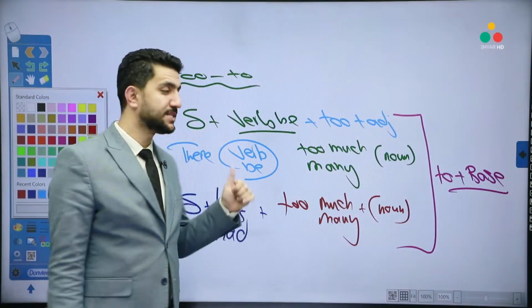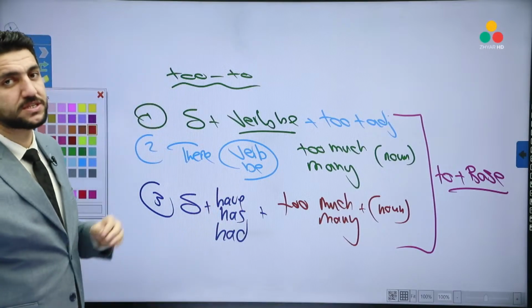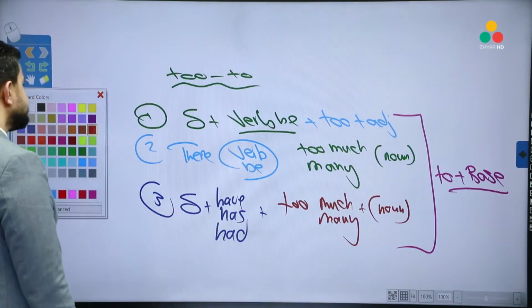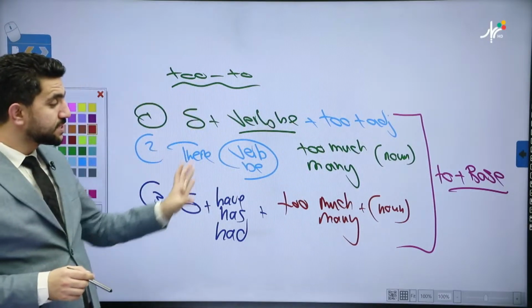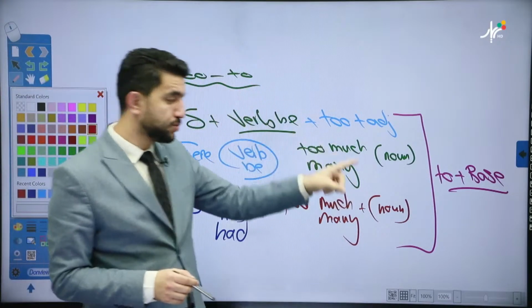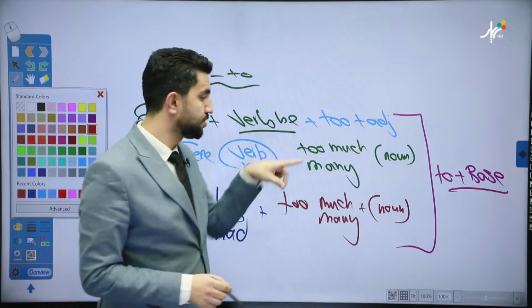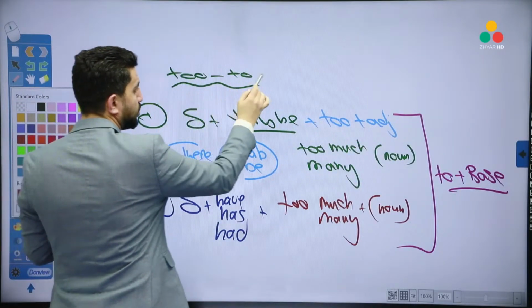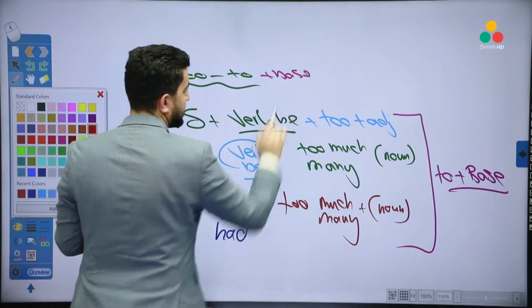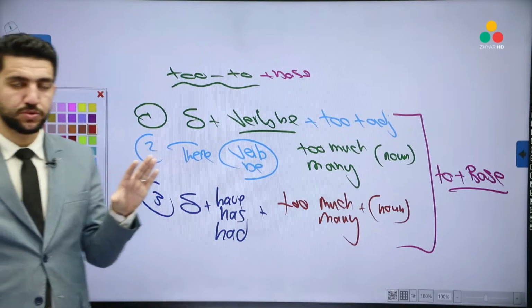So the verb itself without any prefixes or suffixes, okay? So they're all followed by base. That's why it's called to plus base, okay? This is all about to.